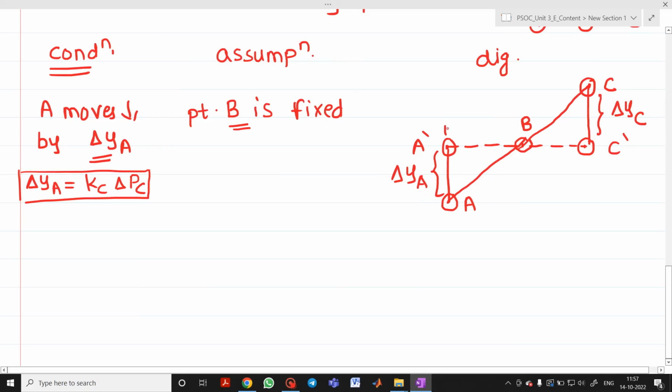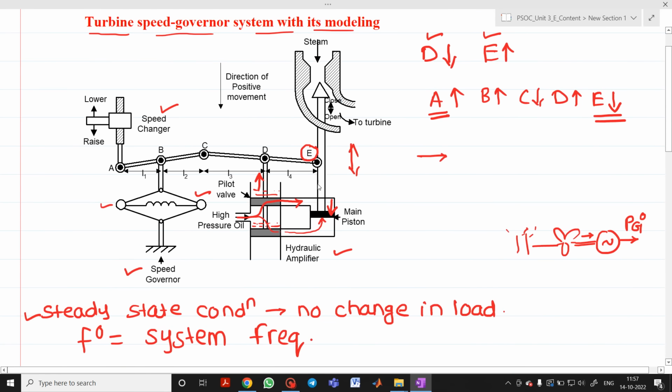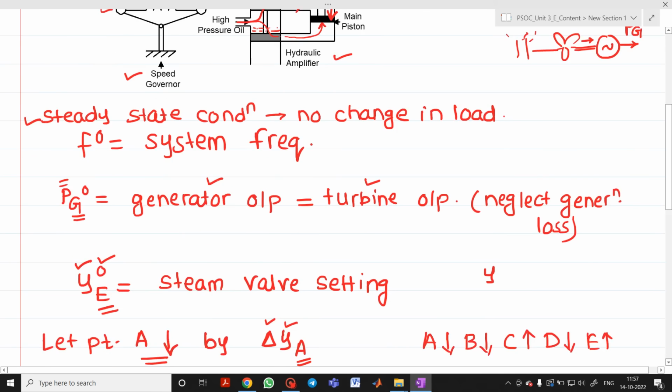And already we know the distance between A and B. Let's say it is L1, and the distance between B and C is L2. You will ask me, sir, from where is that? If you see, the A to B distance is L1, the B to C distance is L2.